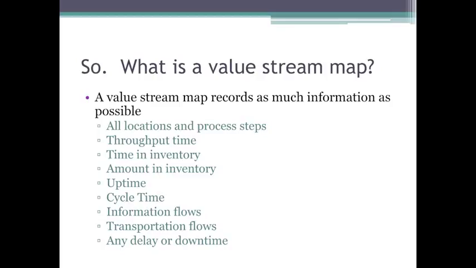So they began FedExing the designs to their manufacturers so that they could get these designs to the market much more quickly. So, within a value stream map, if it's an important part of the process, if it's an important part of the information, the transportation, anything with regard to how the process runs, it's a good idea to put it in this process flow map.